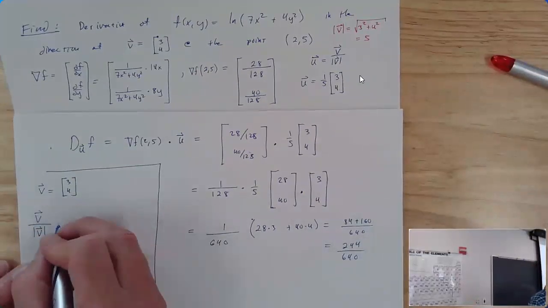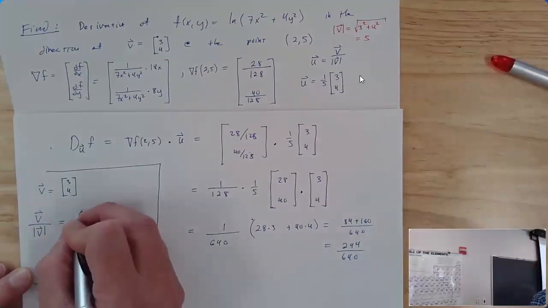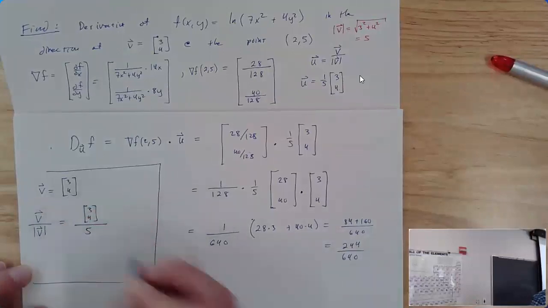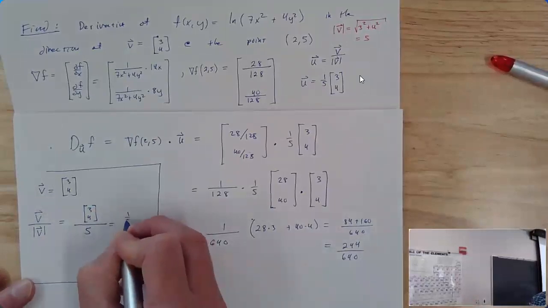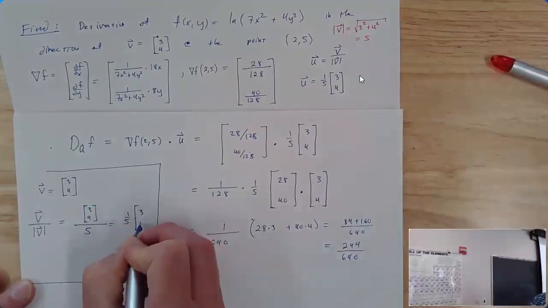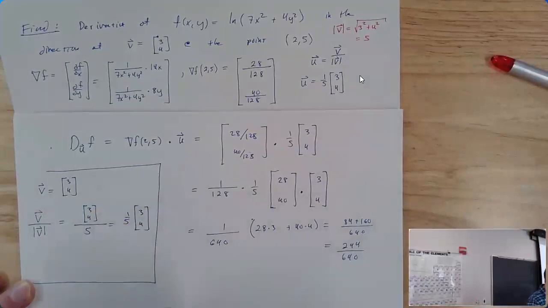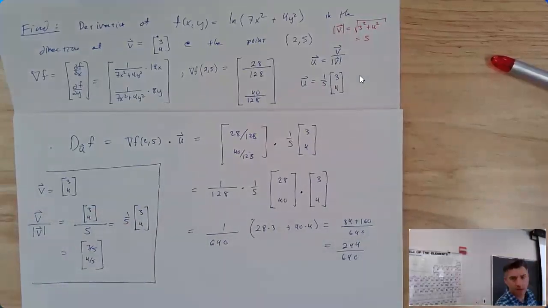So you could totally write it, although it becomes a little unwieldy. You could definitely write it as the vector 3, 4 divided by 5. But instead of dividing by 5, I'm just going to write times the reciprocal instead because it's easier. Now I could write this as 1/5 times the vector 3, 4, or I could even distribute it in, although I don't like to, and write it as 3/5. Cool?